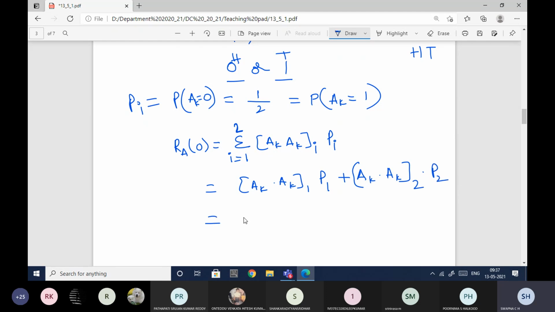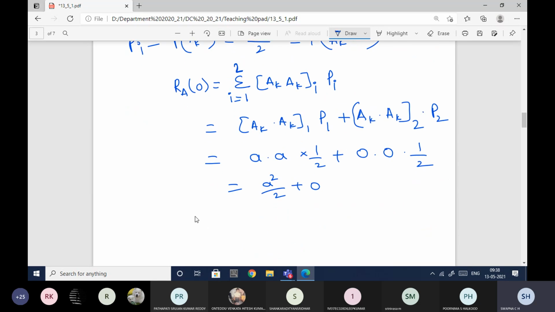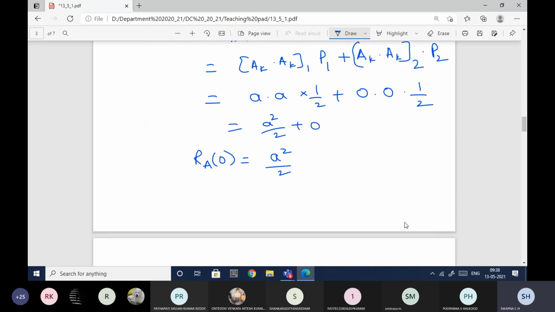So this will be equal to, first I'll take A into A, the first product, and its probability is 1 by 2, plus the second one is 0 into 0, and its probability is 1 by 2. So this will be equal to A square by 2, plus 0, which will be equal to A square by 2. RA of 0 is nothing but A square by 2. So this is the first case, when n is equal to 0. I've got A square by 2.